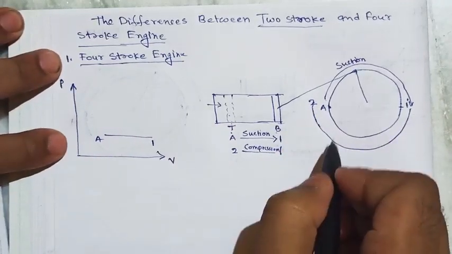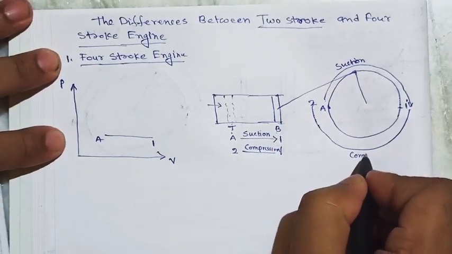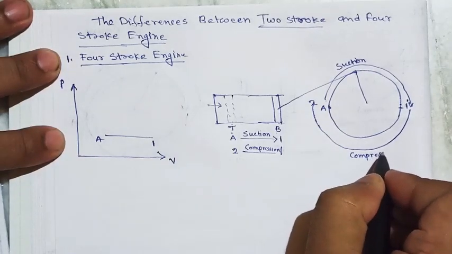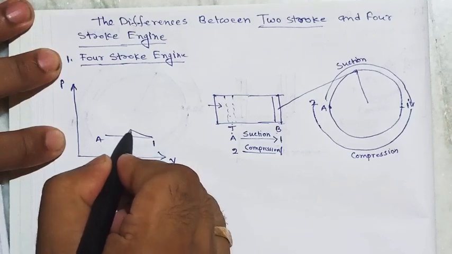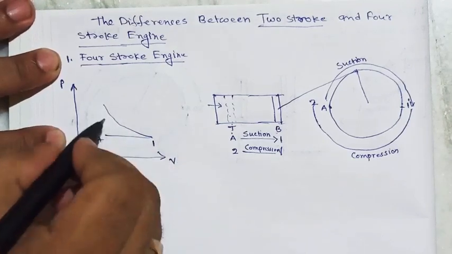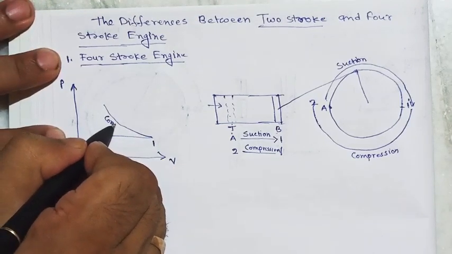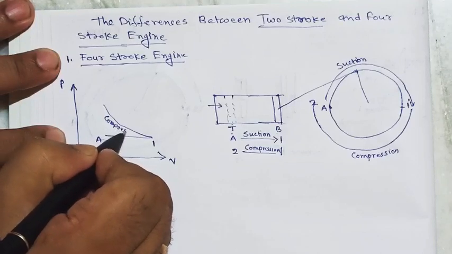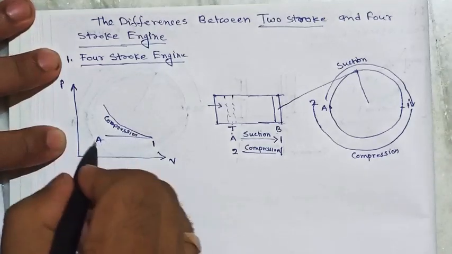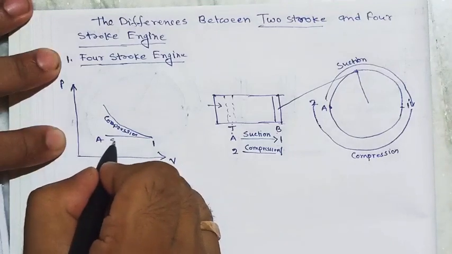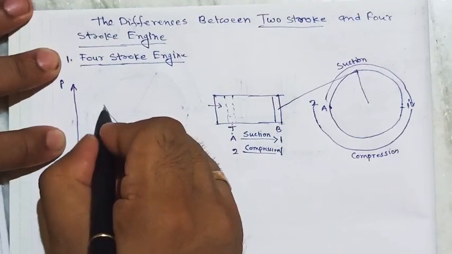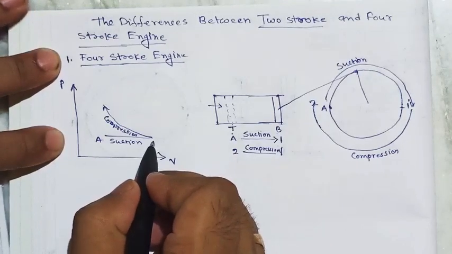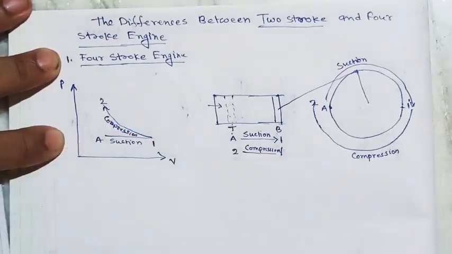This process is compression. This is the suction process and this is the compression process. So this point reached 2.